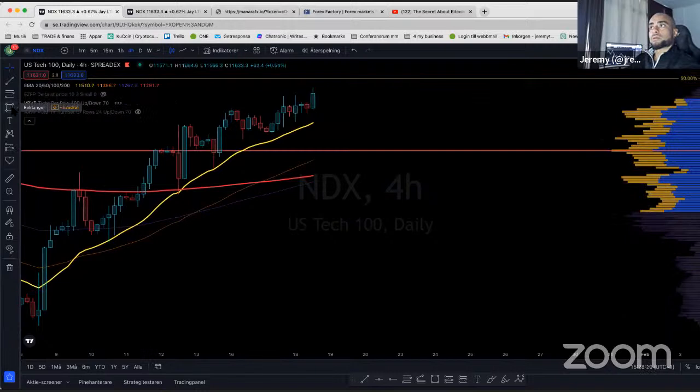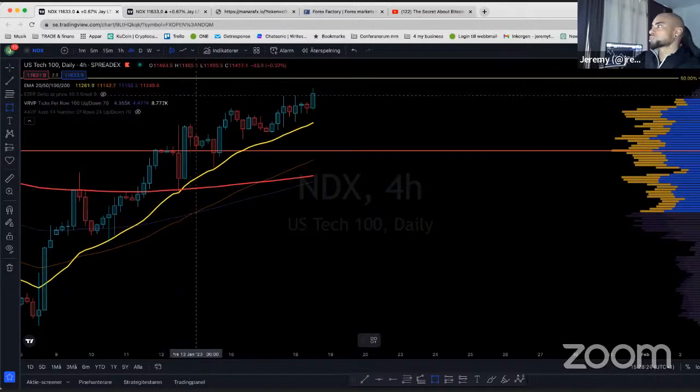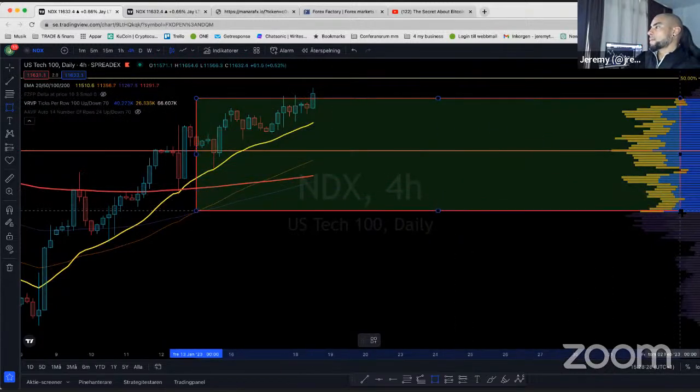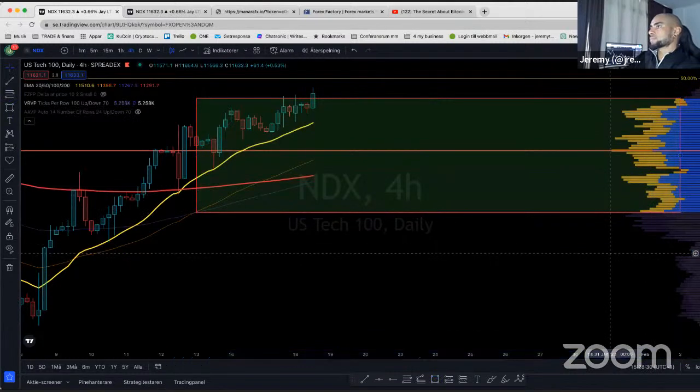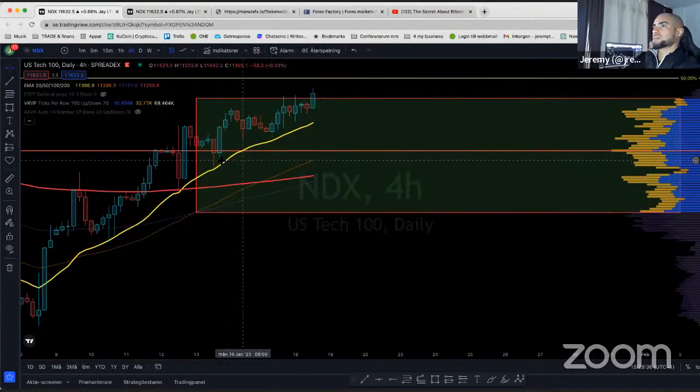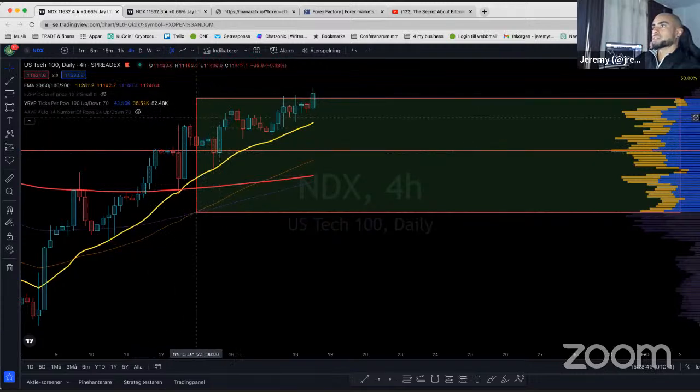You guys see the volume is concentrated in this area here. That's where we get the most volume, and we got most of the volume at this red line that you see here, which acts as resistance and support, all right?